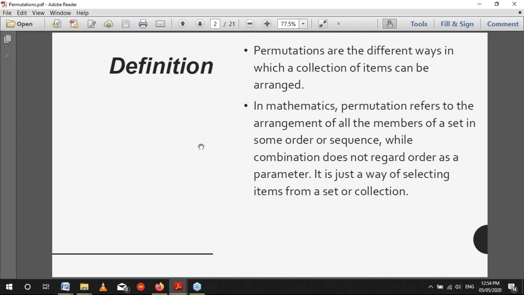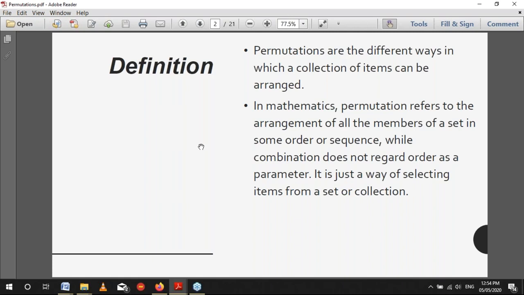Please move to slide 3. The number of ways in which n things can be arranged, taking all at a time, has the formula nPn equals n factorial. The mark there identifies factorial.